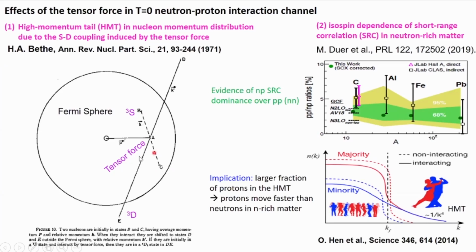If you turn on the tensor force, it will cause the mixing between S wave and D wave. As a result, the two nucleons will get moved out of the Fermi sphere. As a result, they will populate this high momentum tail above the Fermi momentum.